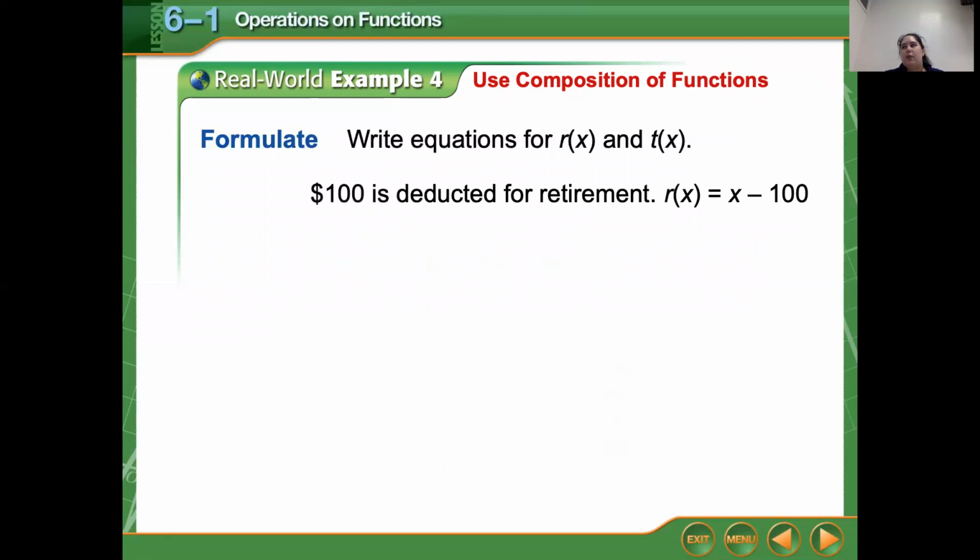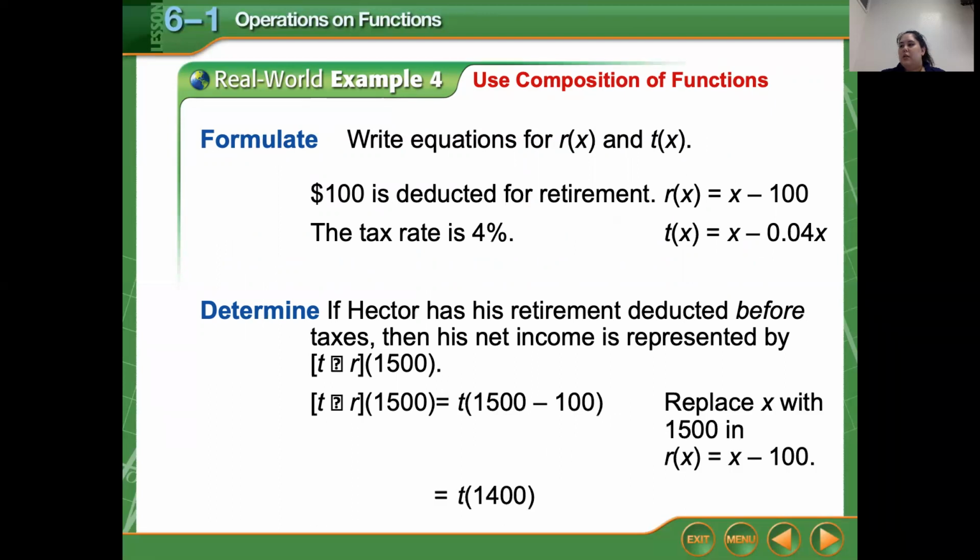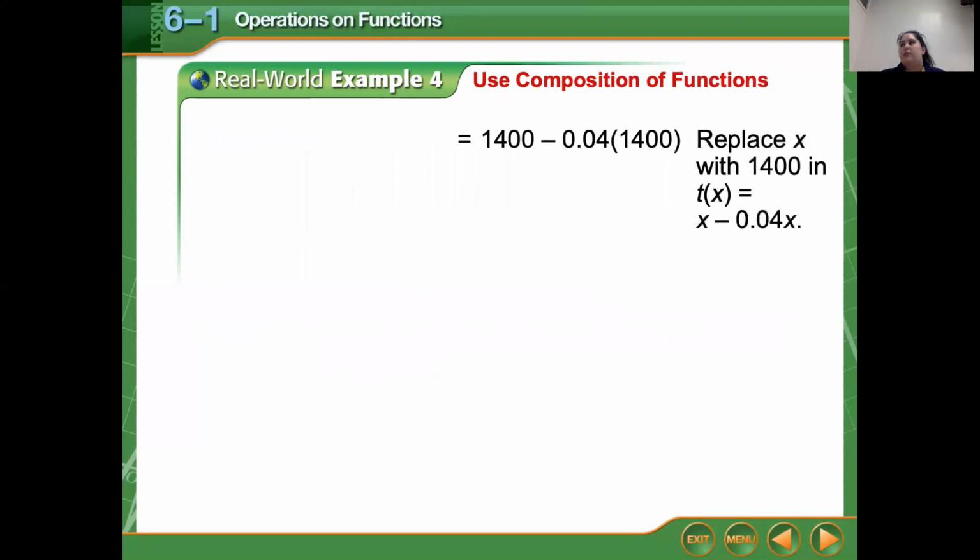So we're going to have before and after, so 100 is for retirement. If Hector has his retirement deducted before taxes, then his net income is represented by T of R of 1,500, which is T of 1,400, which gets us 1,344.